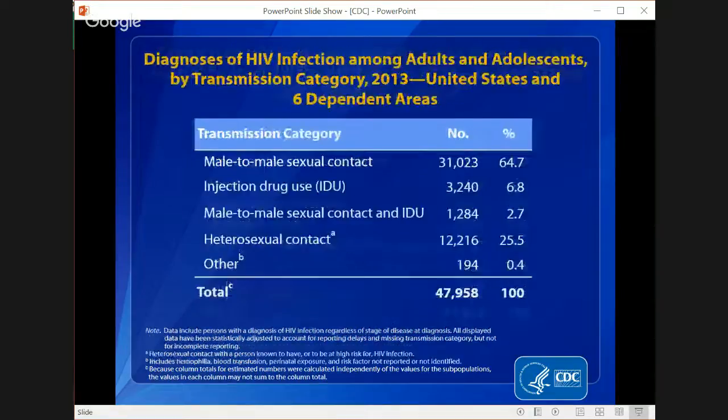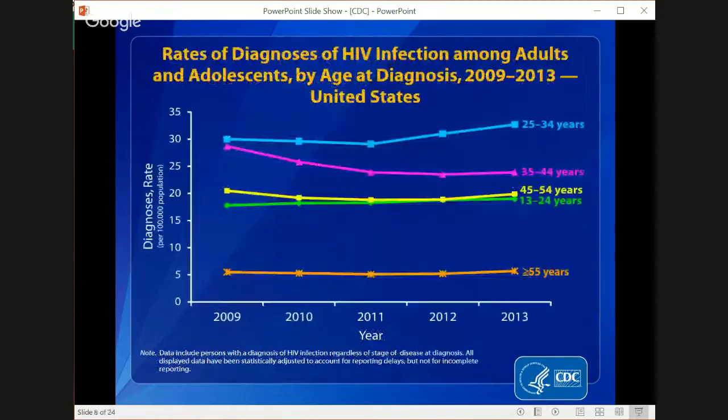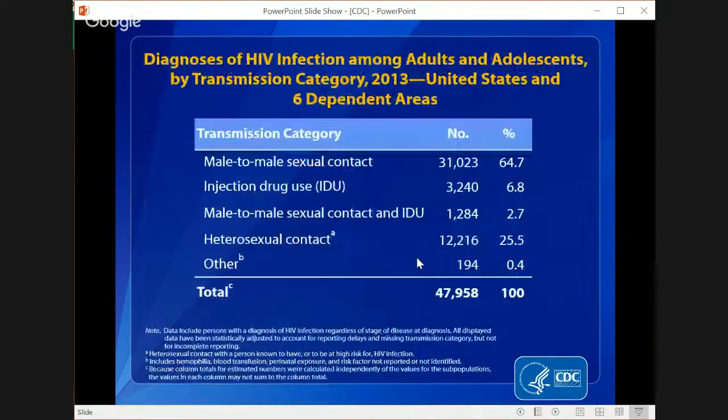And these national statistics mirror pretty closely what we see in the New York City epidemic, where the people sort of driving the epidemic are actually younger gay men. One reason for this is that researchers think perhaps the gay community has taken a fatalistic view of the HIV epidemic, sort of having this idea that there's no way to avoid it.